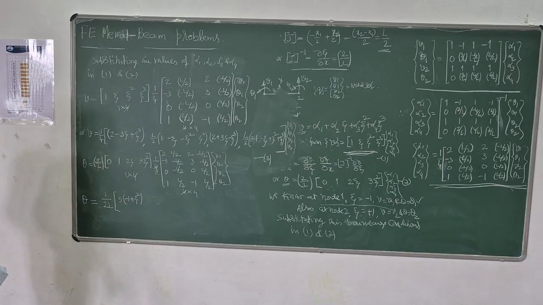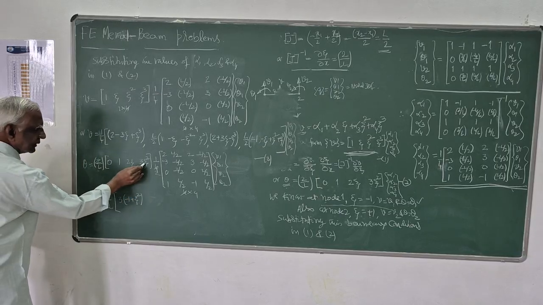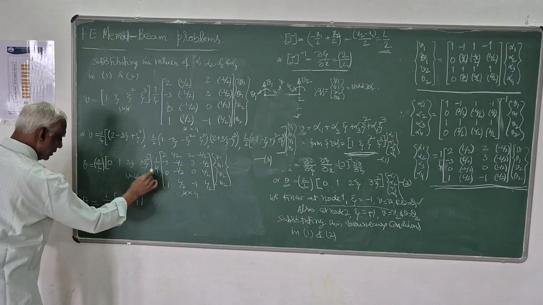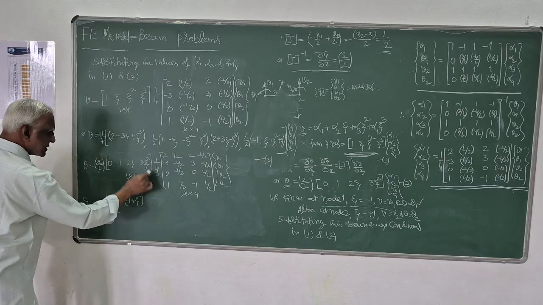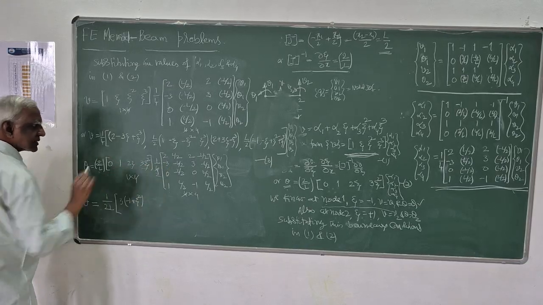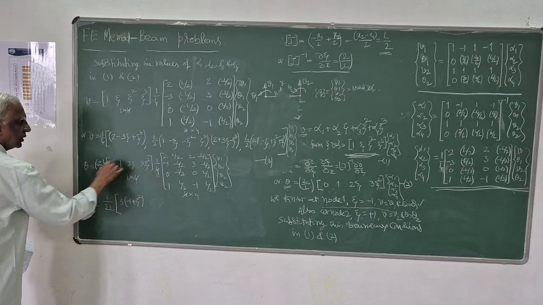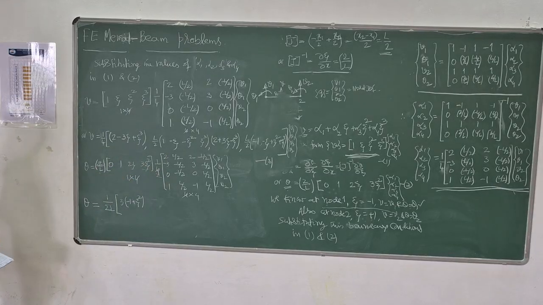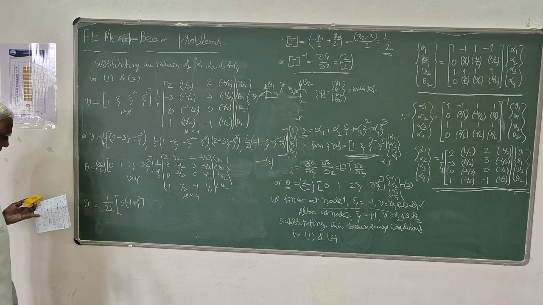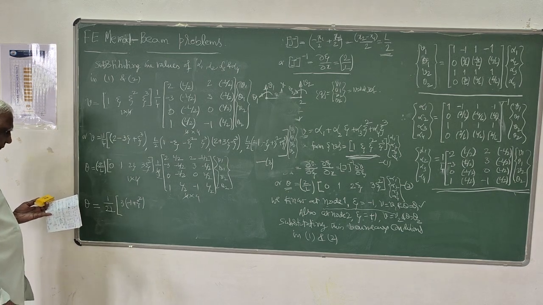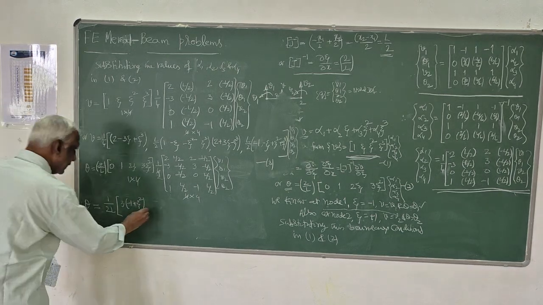Psi square minus 1. 3 psi square into 1, 3 psi square, this minus 3. This is 0, this is also 0. So you will get 3 into minus 1 plus psi square.